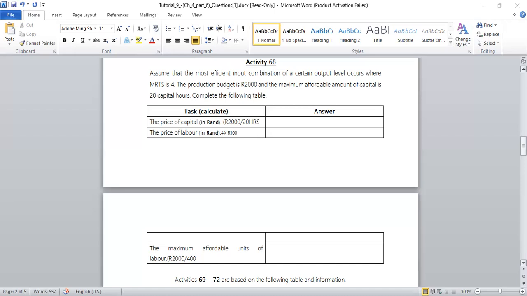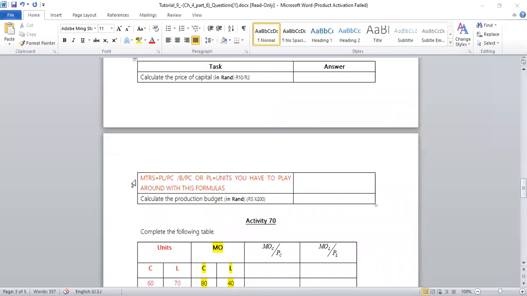Okay, done. So guys, here, what is happening? You have to play around with formulas. Where are the formulas? I wrote it somewhere here. Guys, how do you determine the marginal rate of technical substitution? The price of labor divided by the price of capital.